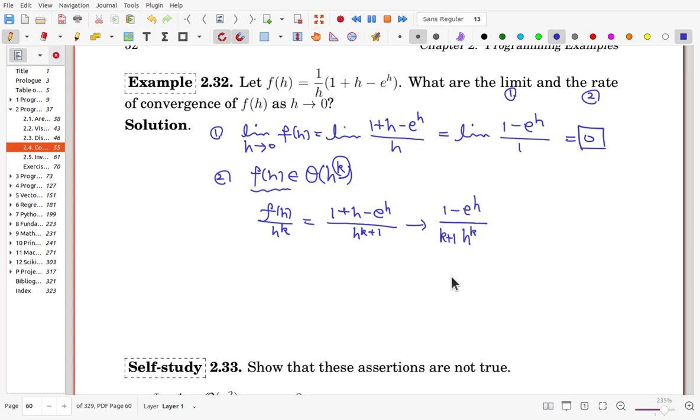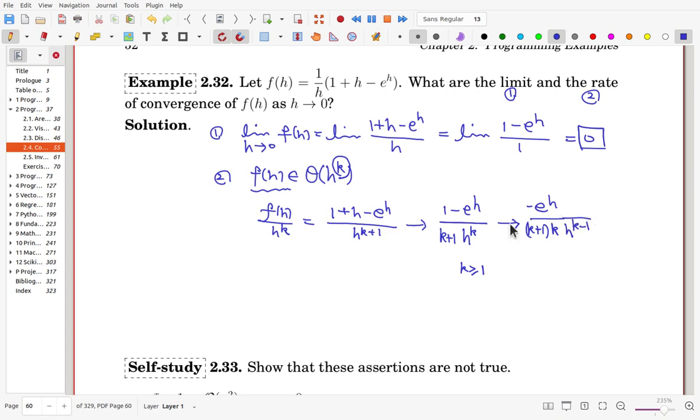In fact, k can be larger than or equal to 1, so that the bottom goes to 0. Okay, so 0 over 0 in the limit, so again we may take a derivative. Then the top is minus e to the h divided by the constant k plus 1, and k comes out, and h to the k minus 1.